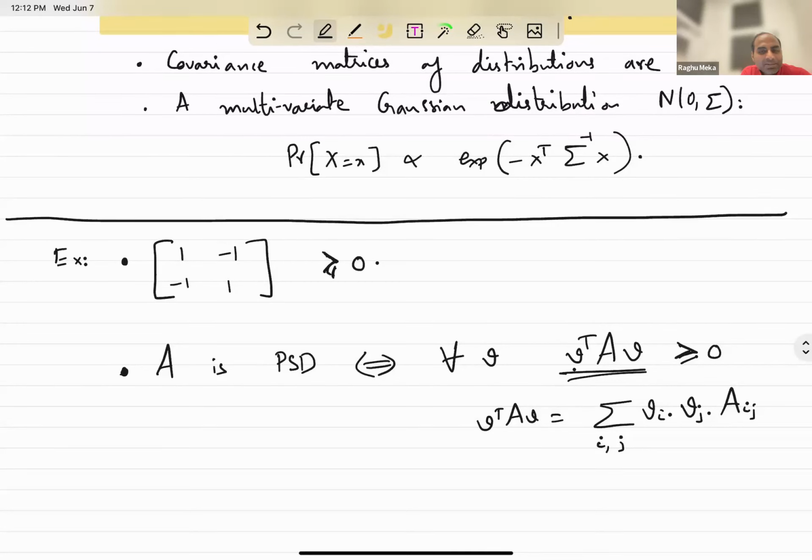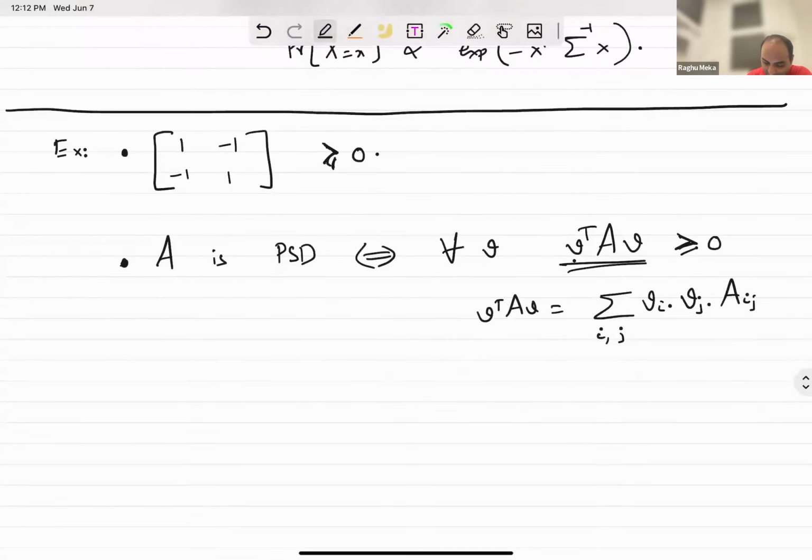Can you think of a simple quadratic function, maybe in 2 variables or 3 variables, which is always non-negative? Any suggestions? You can either chat it out or just unmute yourself and tell me. Okay, if there are no suggestions, here's one.